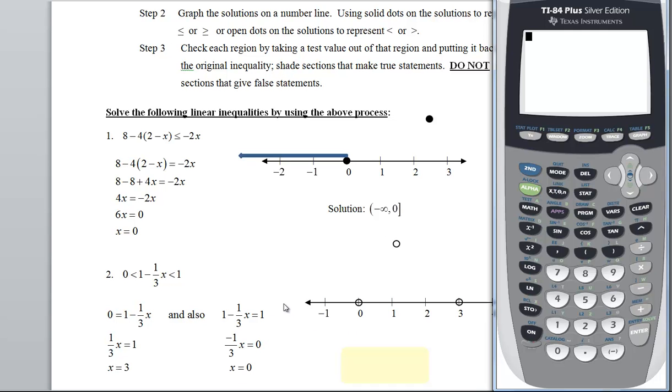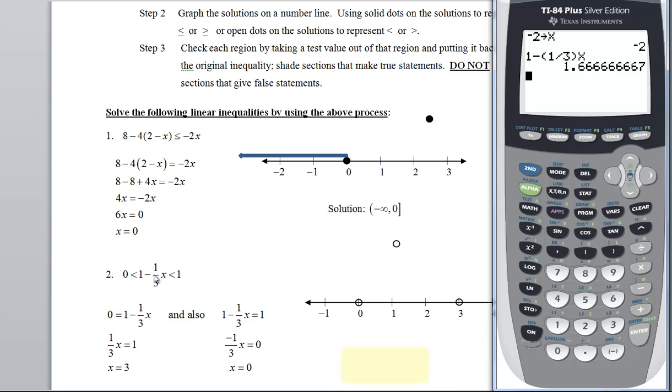Let's use negative 2, because that'll be in this section. And I always work from left to right. I always do that. Let me type in the middle, 1 minus my 1/3 x. Let's see what we get. 1.6 bunches of 6. So let's say 1.7.